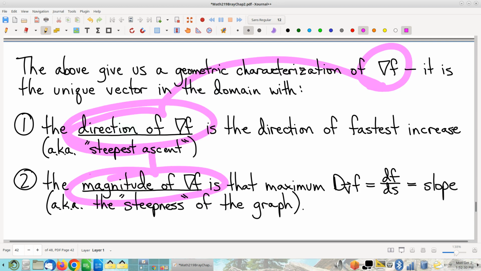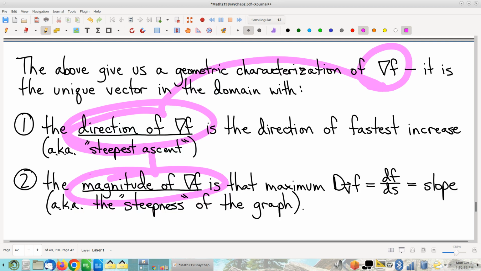It's the vector whose direction is the direction of fastest increase. Its magnitude is df/ds in that direction. All of that being geometric, direction and magnitude. So it's a wonderful change, a shift in perspective on gradients.